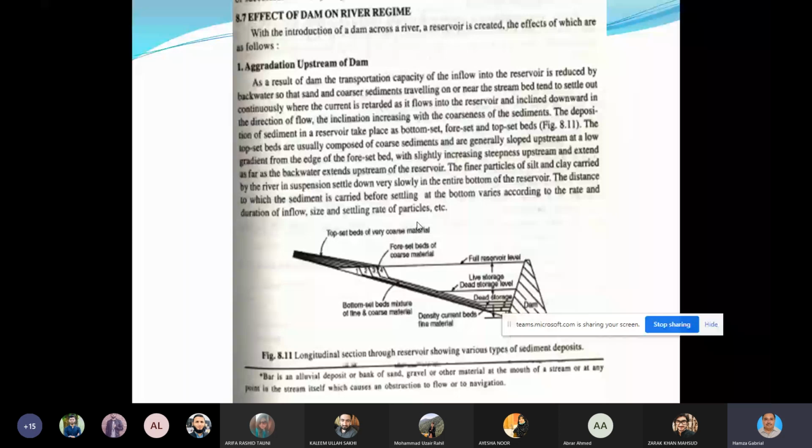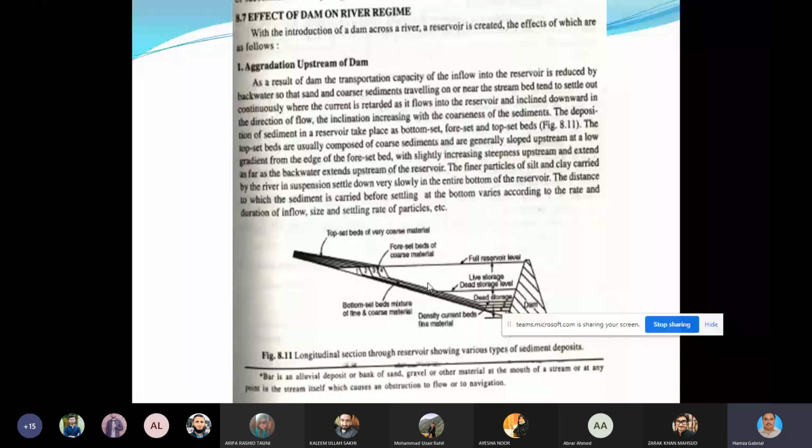All the heavy material starts depositing at the top, then the coarser material, and at the bottom all the fine material will start depositing, and with the passage of time it will start decreasing the capacity of the reservoir itself, like we are facing in case of Tarbela and Mangla Dam and Warsak Dam, which is already full of sediments, and it is just run of the river.